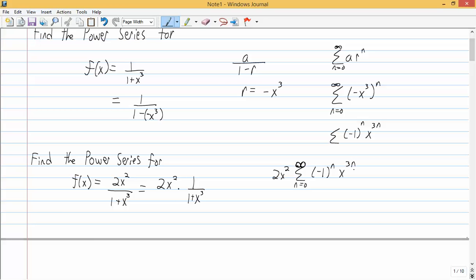Okay, and then we have an x squared times an x to the 3n. And we have a 2 that we can write in front of the negative 1 to the n. So this is 2 times negative 1 to the n times x to the, remember, add the powers whenever you multiply the same base. So that's the 3n plus 2 power.